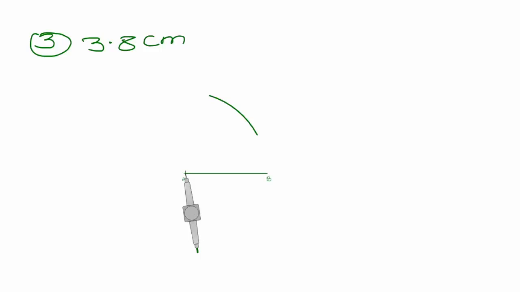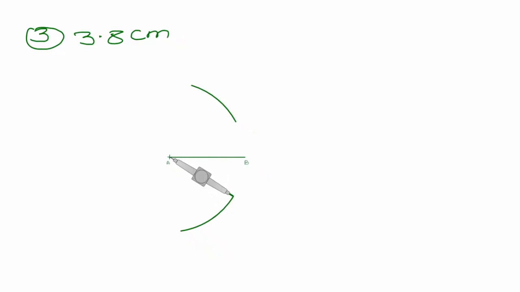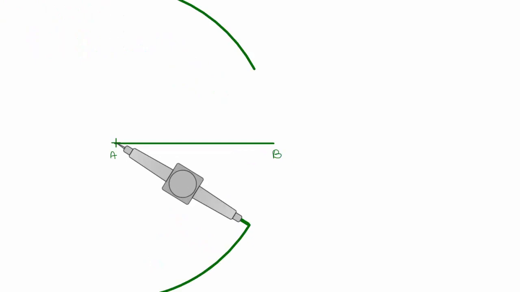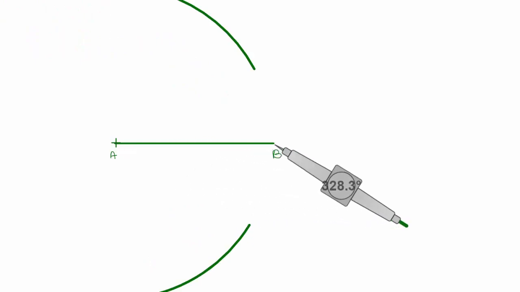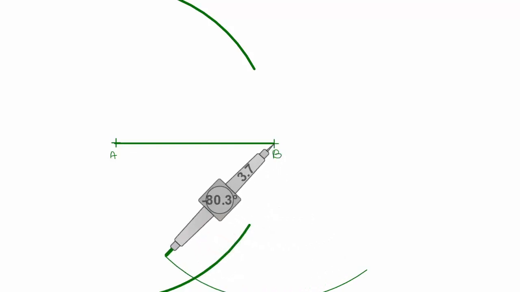Draw the circular arc on the upper part of the segment and the lower part of the segment. Then put the compass on point B as shown here. Then draw the circular arc intersecting the other arc.